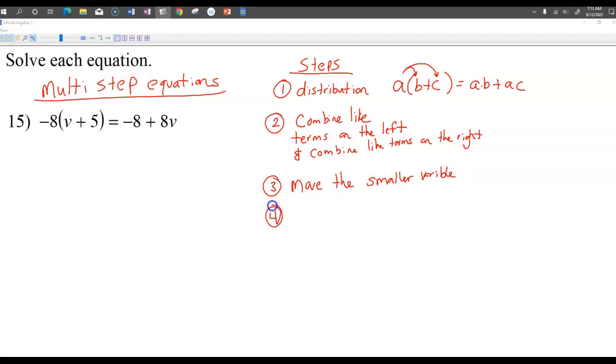After that, you're going to follow the two-step equation process.